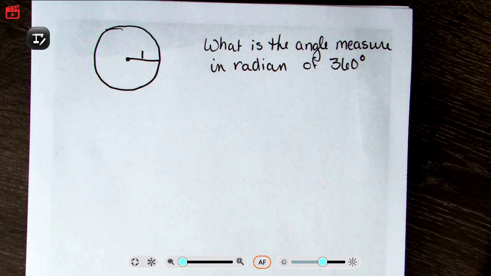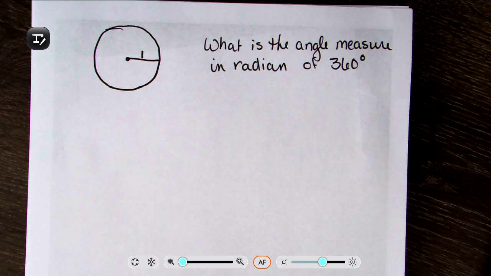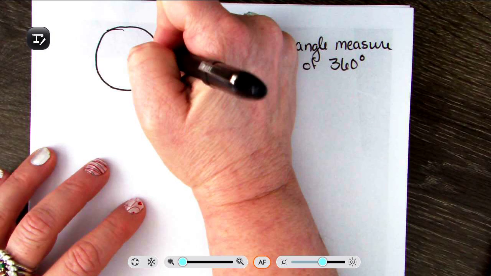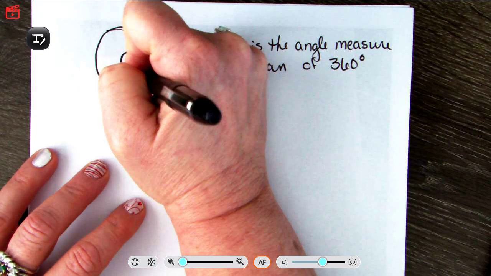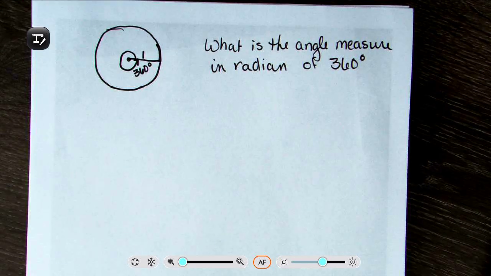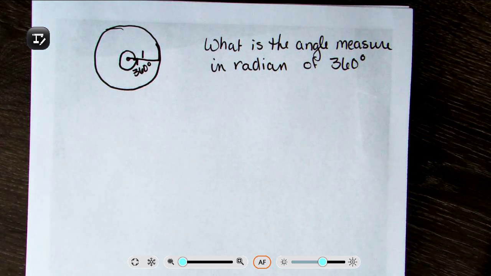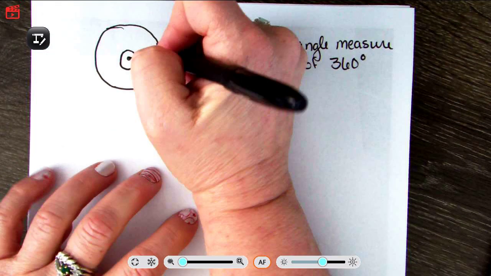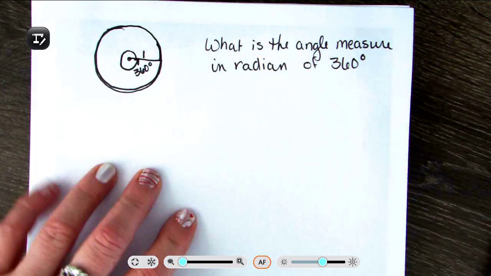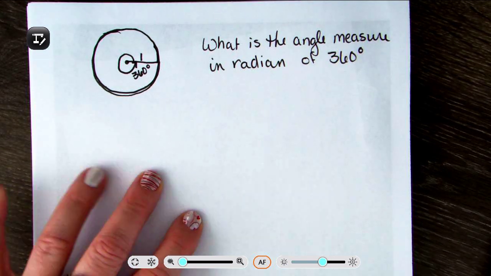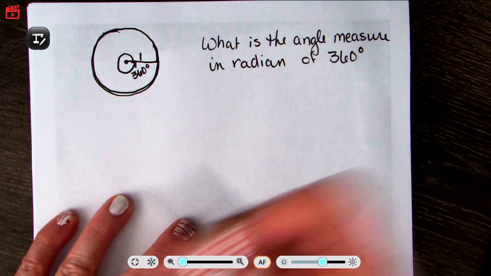What I want to know is how many radians is equivalent to 360 degrees. So 360 degrees is if you go all the way around, right? Now we were told that the radian measure is the same as the arc length measure. So that means the arc length would be the circumference of that circle.